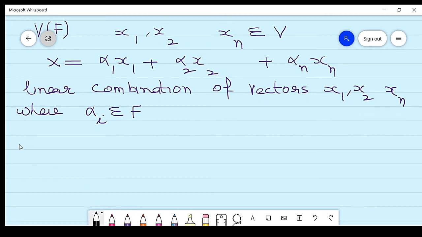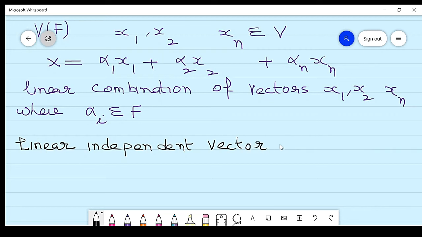Next is linear independent vectors. After that, linear dependent vectors.